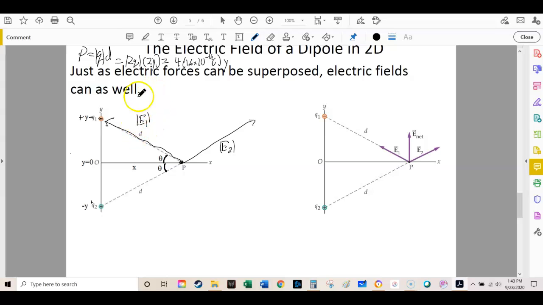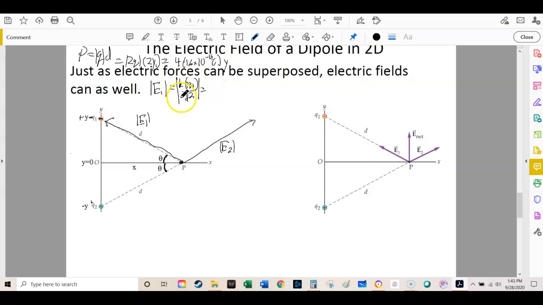Now, if we're taking the magnitudes of these, E1 is going to be equal to K times the absolute value of Q1, all divided by the distance apart squared. And for the magnitude of E2, I want to put absolute values around this.